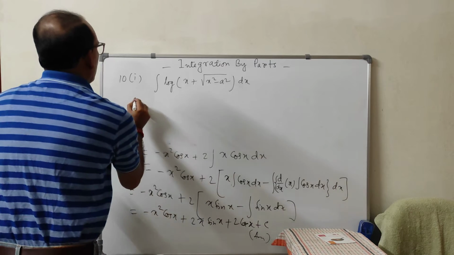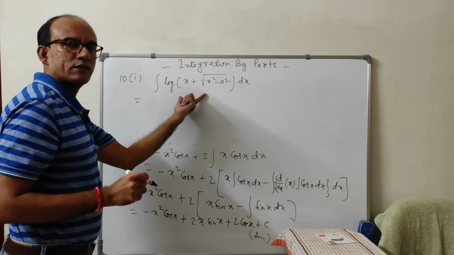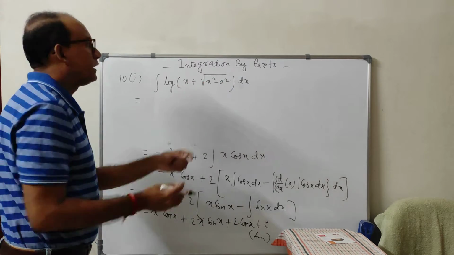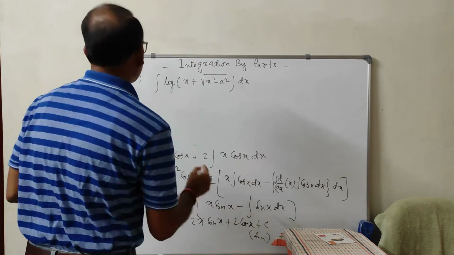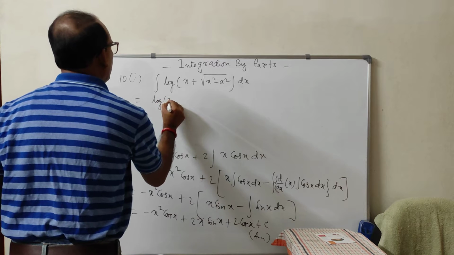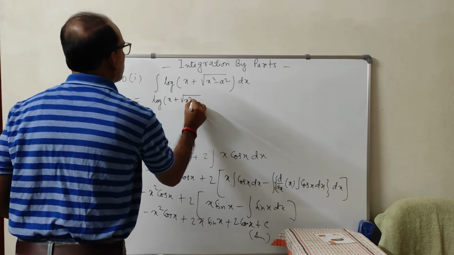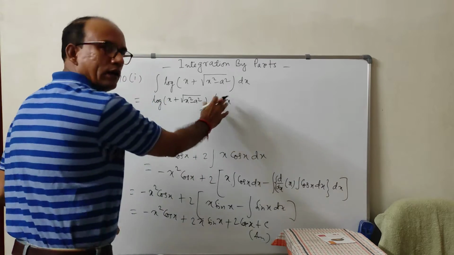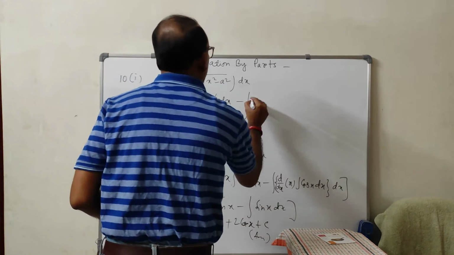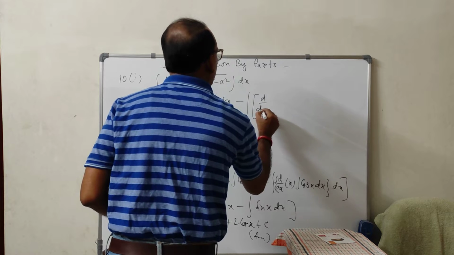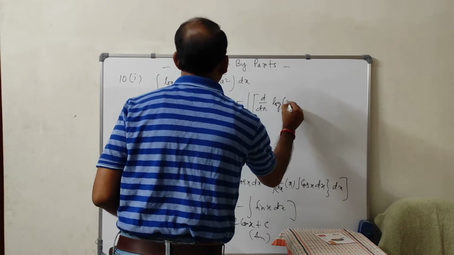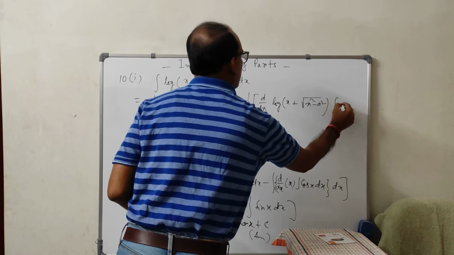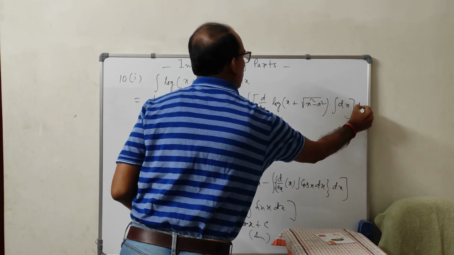So you take this as first function u, and imagine 1 is multiplied with this, and take that part as second function v: log of x plus root over of x square minus a square into integration 1 dx, minus integration of d/dx of log of x plus root over of x square minus a square into integration 1 dx whole dx.